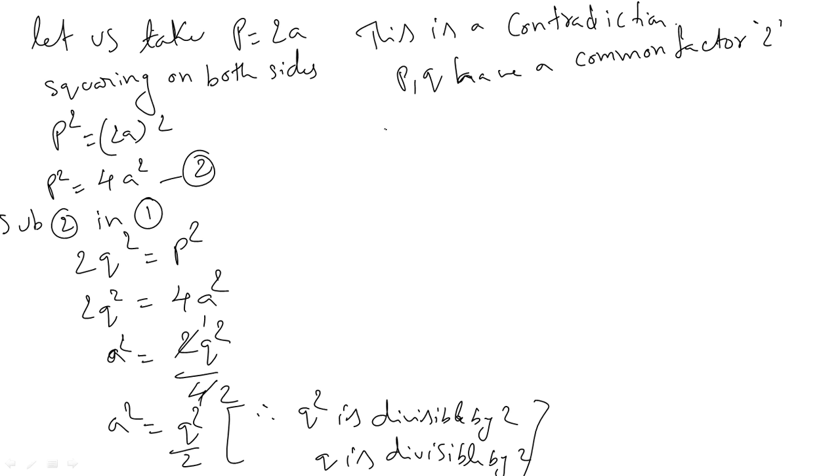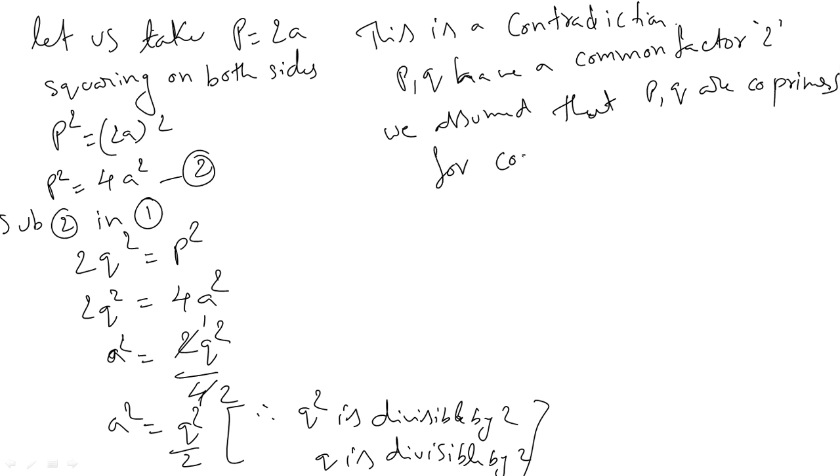But what we assumed is that p, q are coprimes. For coprimes, there should be only one common factor, 1, isn't it? So this is a contradiction to p, q being coprimes.